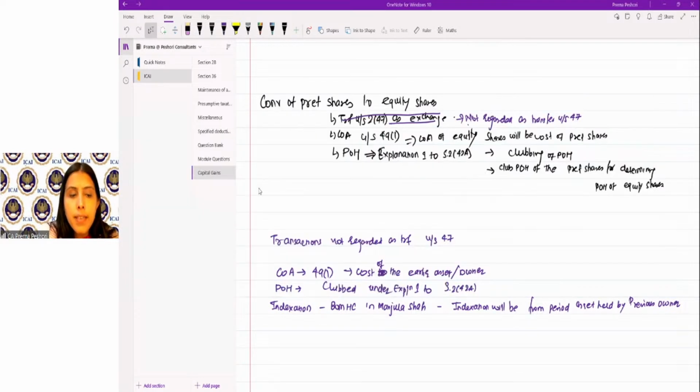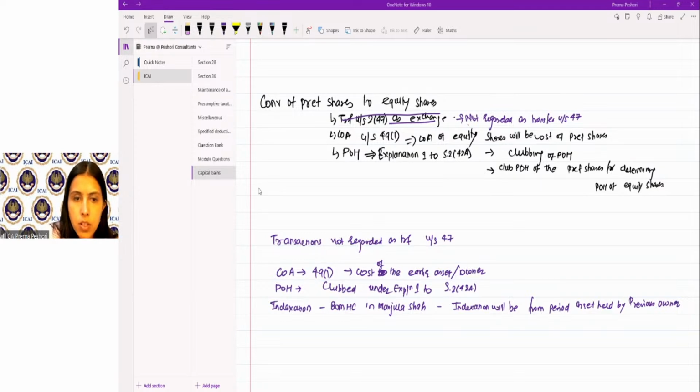Okay. Next is redemption of preference shares, redemption of bonds, and reduction of share capital. So we are going to consider three things. Redemption of the preference shares is considered as transfer.